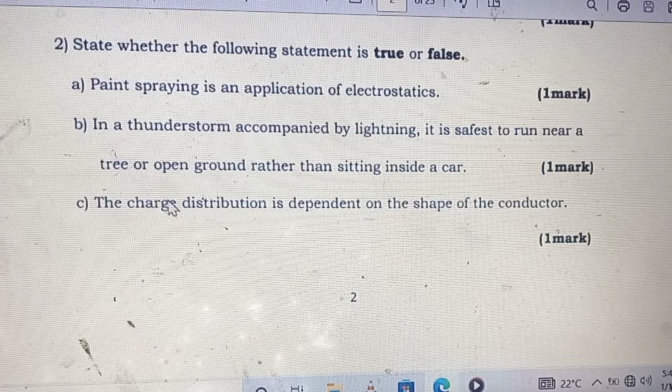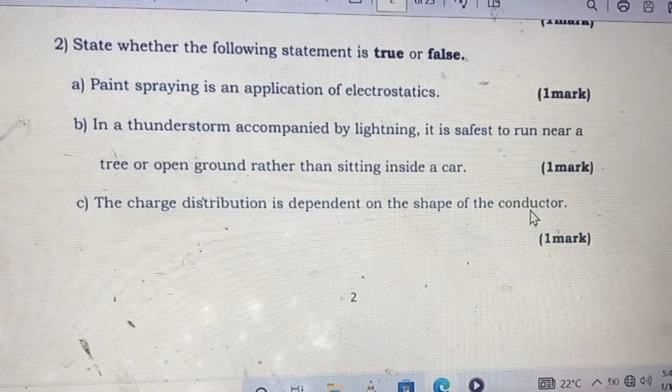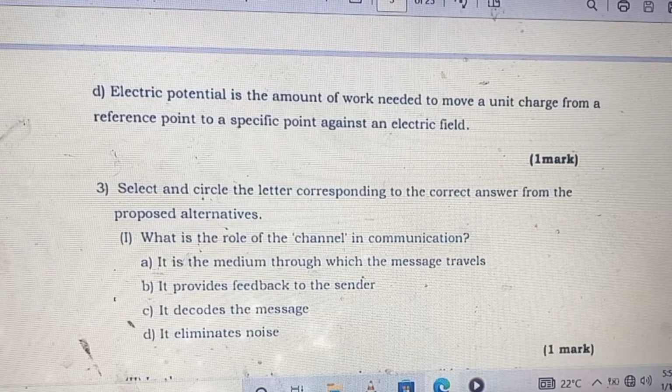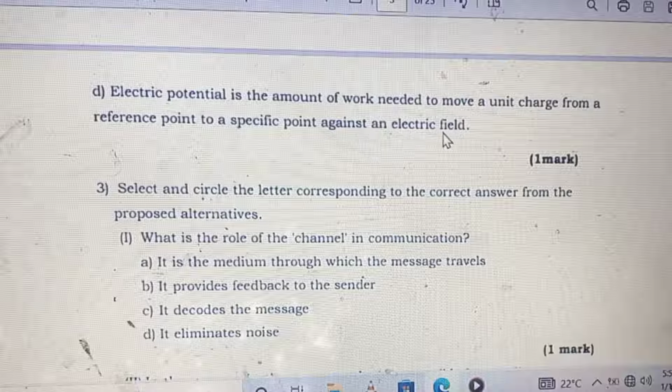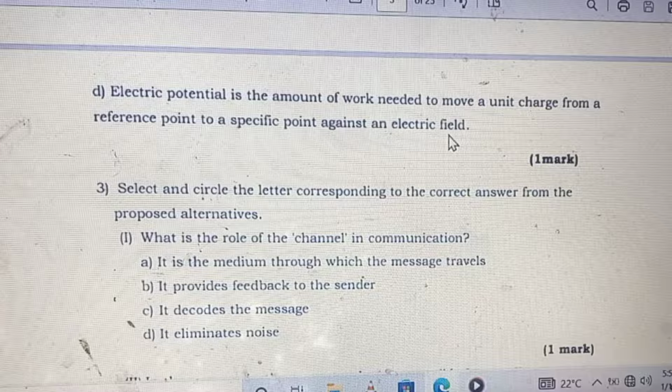C. The charge distribution is dependent on the shape of the conductor. The correct answer is true. D. Electric potential is the amount of work needed to move a unit charge from a reference point to a specific point against an electric field. The correct answer is true.